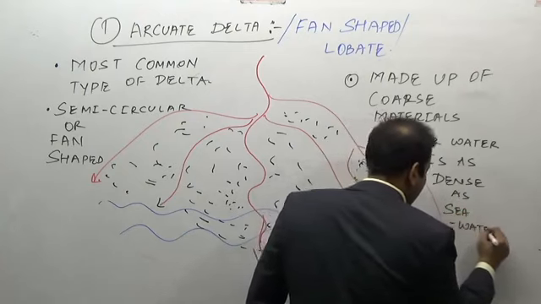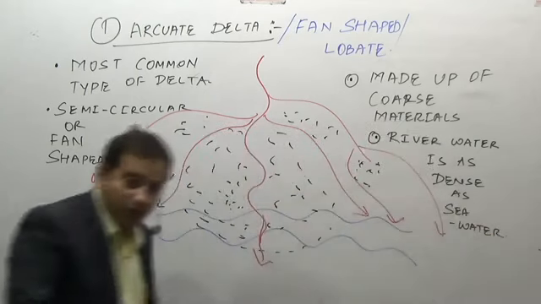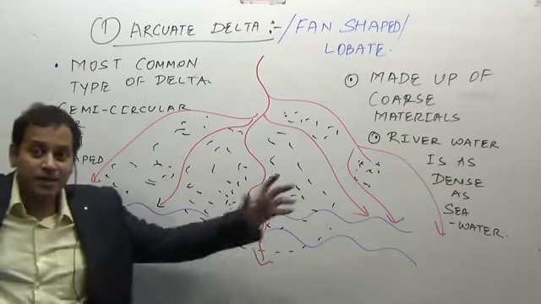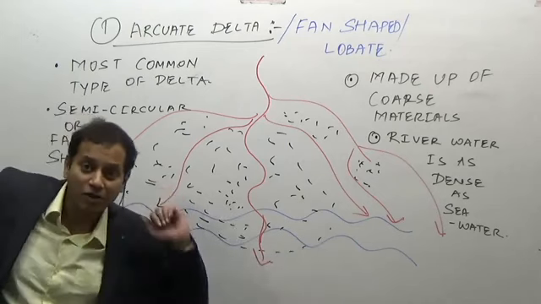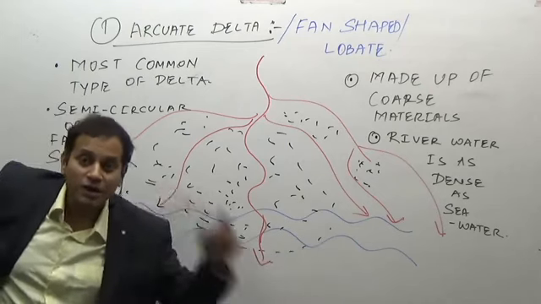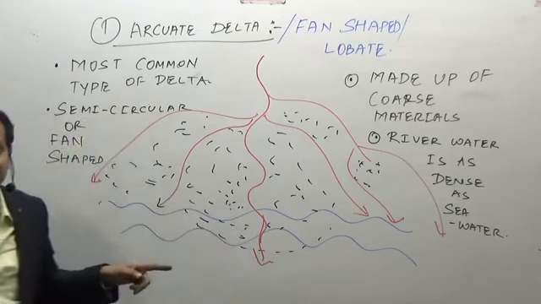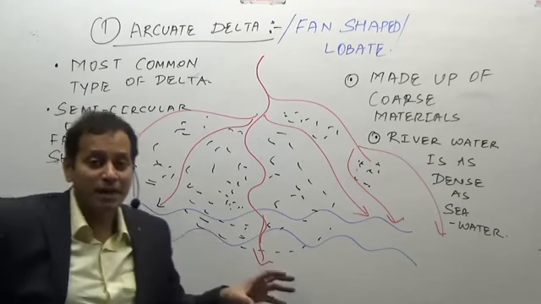Because the river water is as dense as the sea water, the delta spreads out, because the river cannot go deep inside the sea, though the river is coming with a high velocity, resulting in the formation of a fan-shaped delta. Again, it is the most common type of delta.